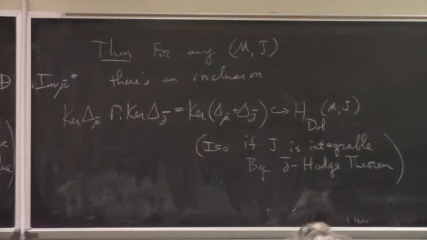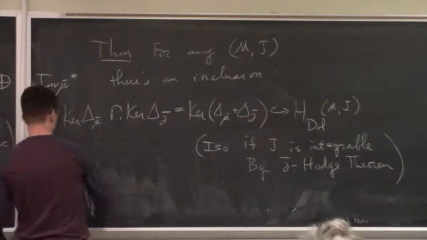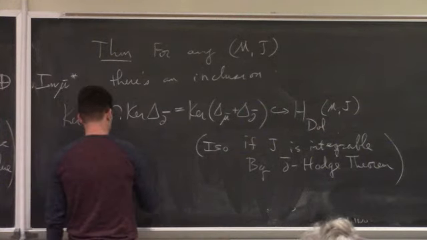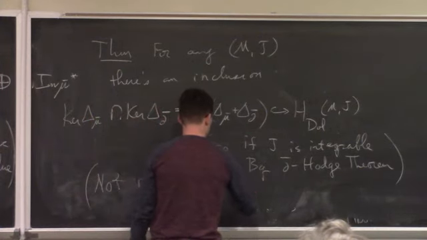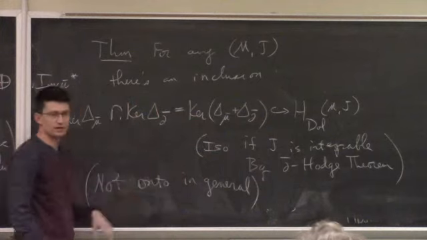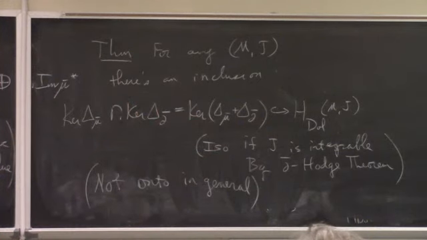And in general, it is not onto. So in general, if you have a J that's not integrable, this may not be onto.